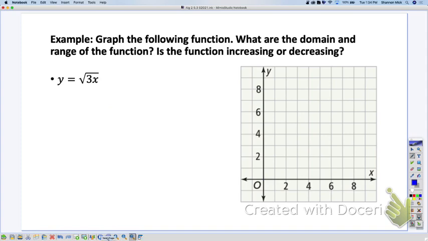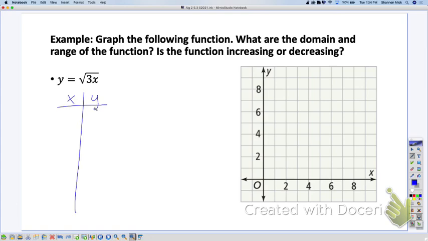Okay, so what's going to happen here? You're going to take everything times 3, right? Before I take the square root. So is that going to change the kind of numbers I put in here? Definitely. And I have a graph there again, so I've got to find points, right?